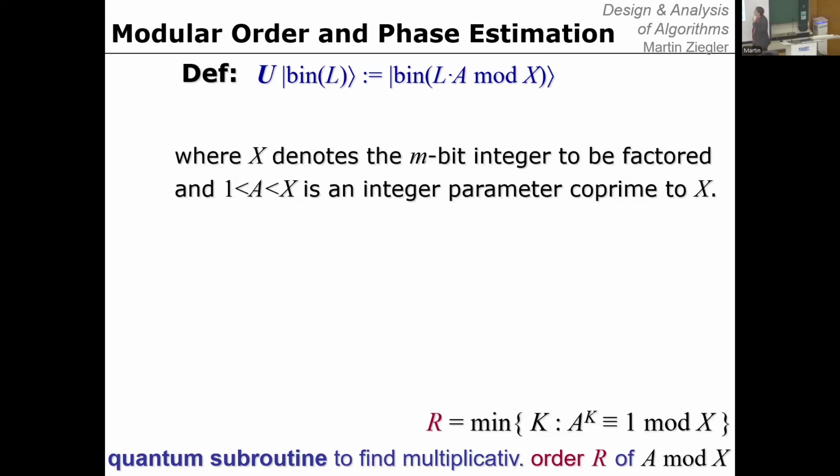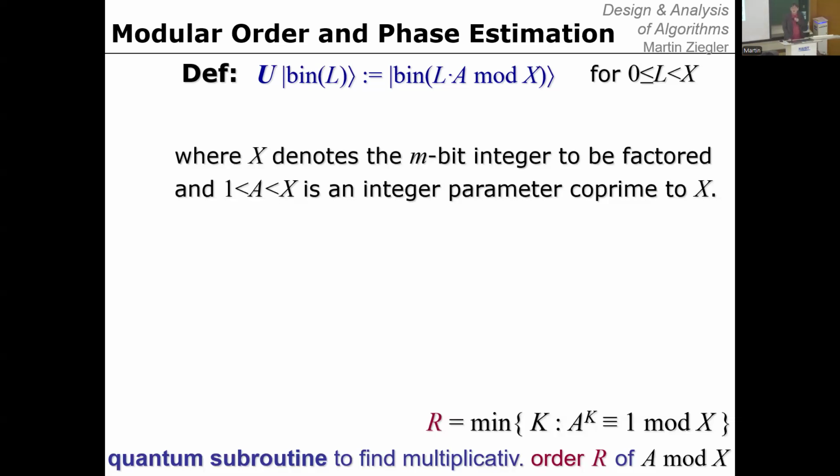So this is how the linear unitary operator is supposed to operate on the basis vectors, at least on those basis vectors corresponding to integers strictly less than X. Now, frankly, we're not really interested in what this operator does on input vectors that correspond to binary L equal or larger than X, but we need to define it because we need to make sure that this U is going to be unitary, right?